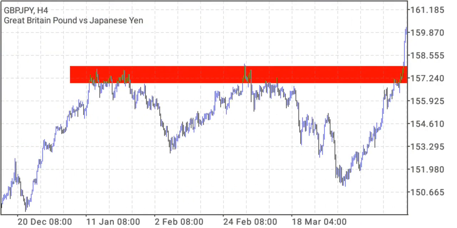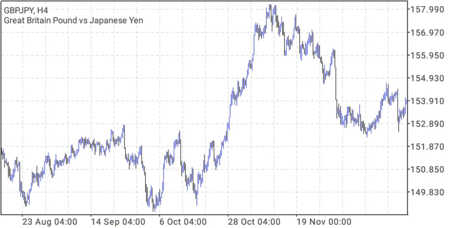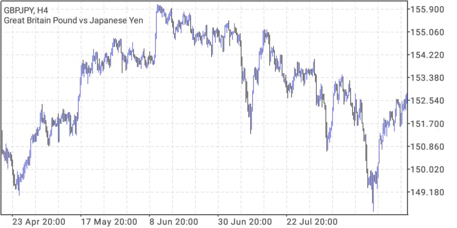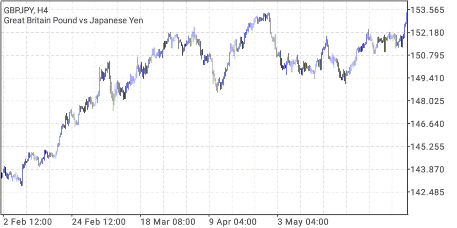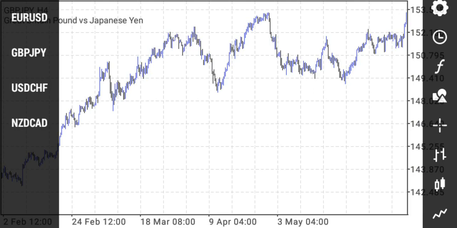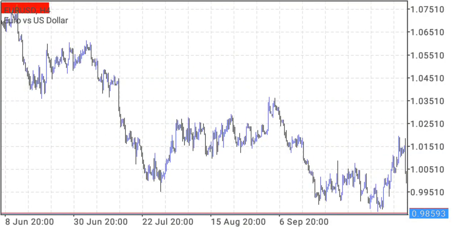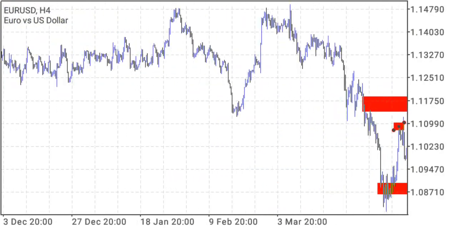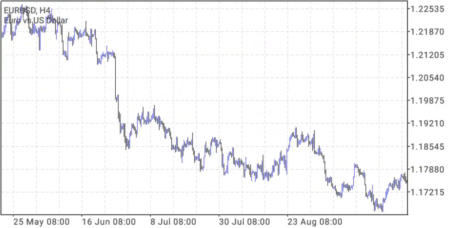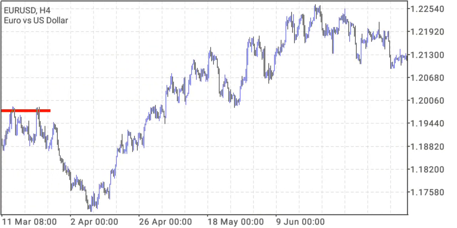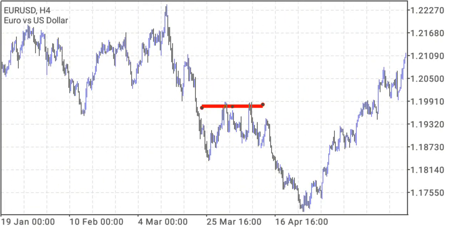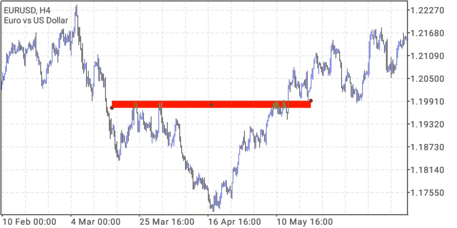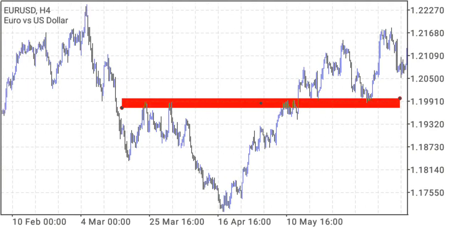Now let's look for a support zone where support turned into resistance. This also is a resistance turned into support. See, it's clear enough.